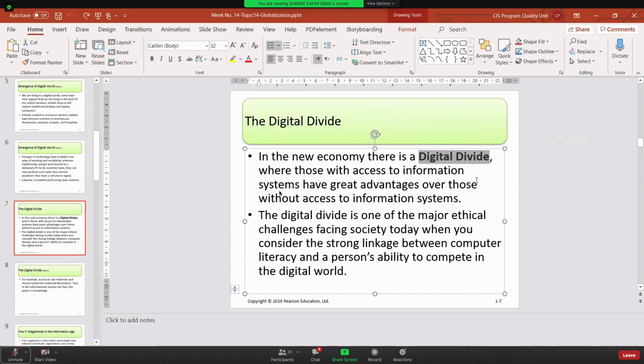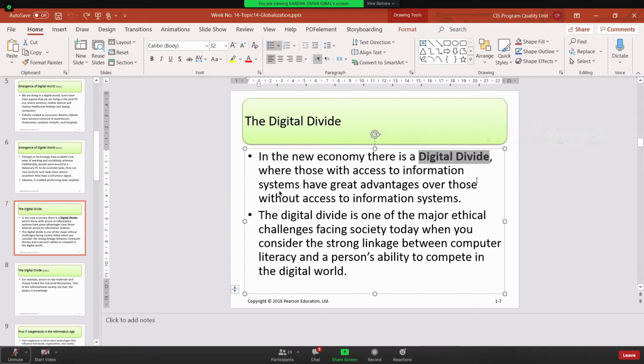For example, we are living in Khobar, and at the country level, in Saudi Arabia, we can say the eastern region has full access to technology, whereas other regions do not. In the eastern region we have fast internet, we have devices, everything is available, and our processes are very mature.